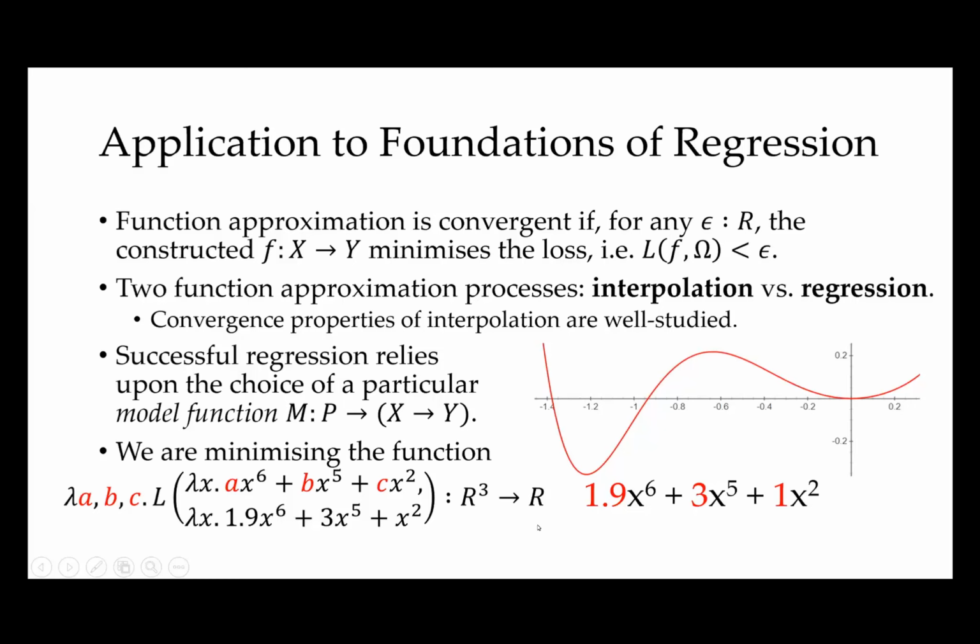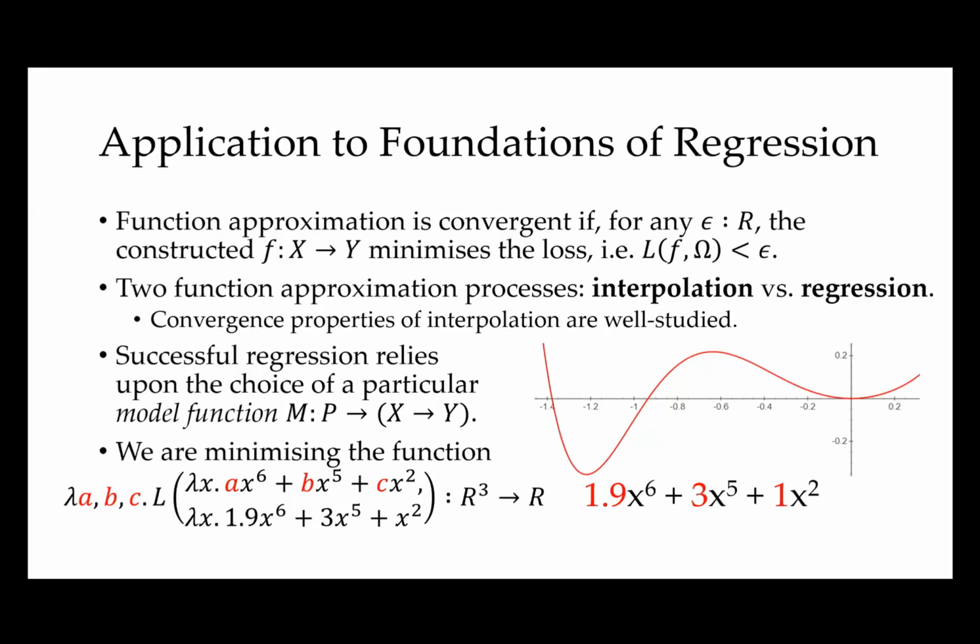And so what this is, it's just global optimization. We're just minimizing these 3 arguments, and that's all we're doing here. So we can find these arguments using a branch and bound process, for example. And so what we've done now is we've reduced parametric regression to global optimization.